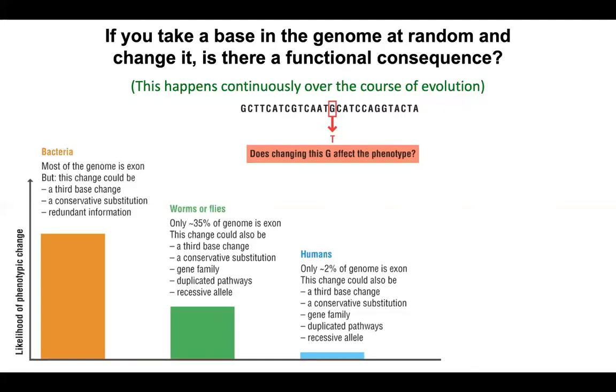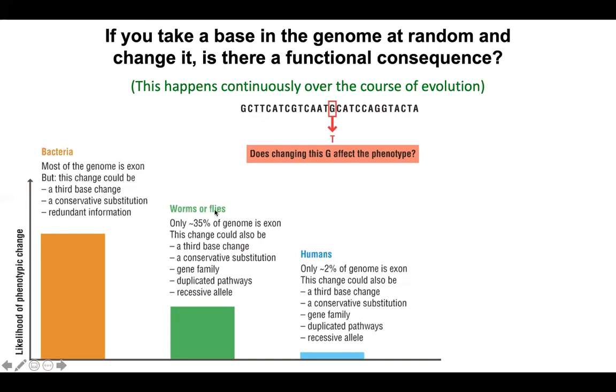It could be a conservative substitution, meaning that it is a change to another amino acid at that codon position that is very similar chemically and may fulfill the chemical role of the original amino acid in a very similar way, and therefore not cause a phenotypic change. And there might be redundant information. There could be a second gene that does almost exactly what this mutated gene did, and therefore we're not seeing any phenotypic changes.